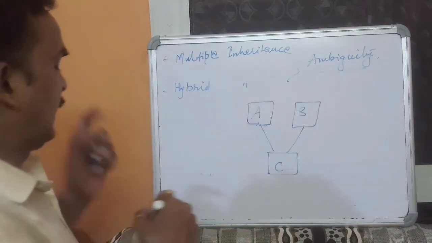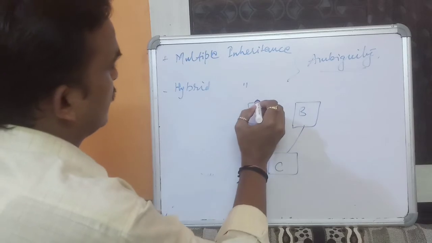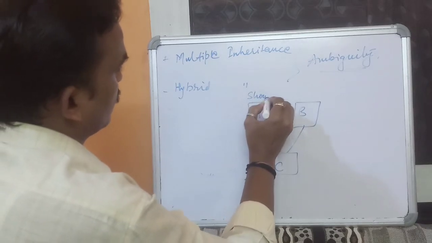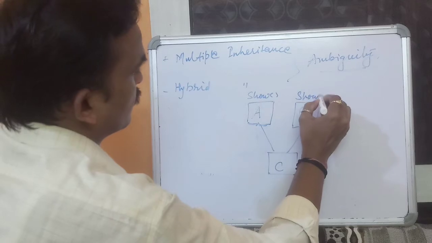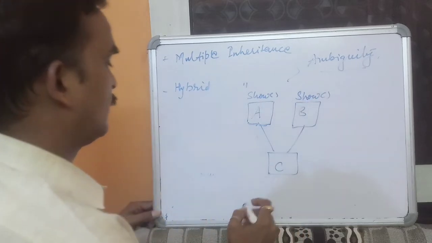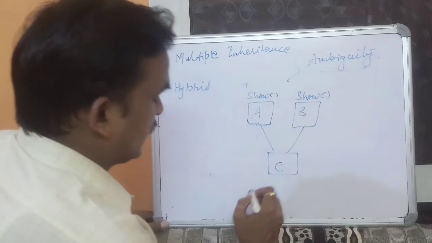So what will happen if parent class A has a method show, and class B also has a method show, and we are accessing both methods using the class C object?